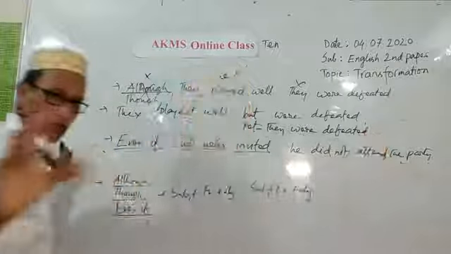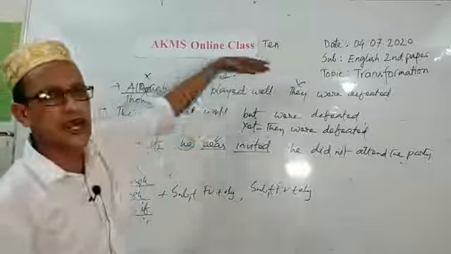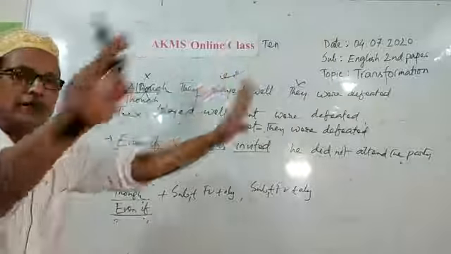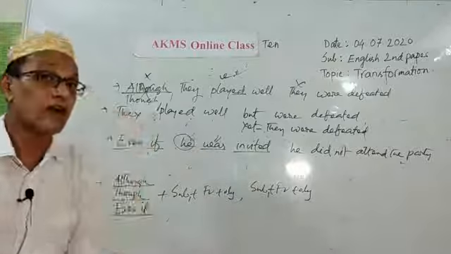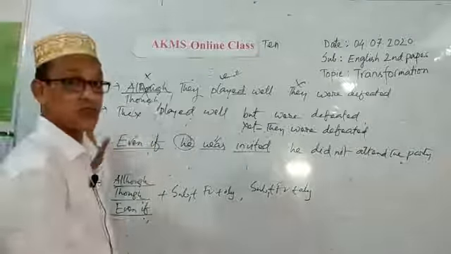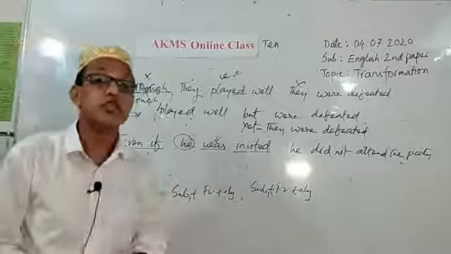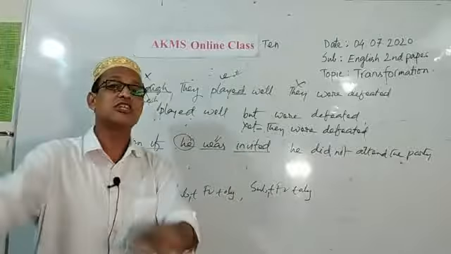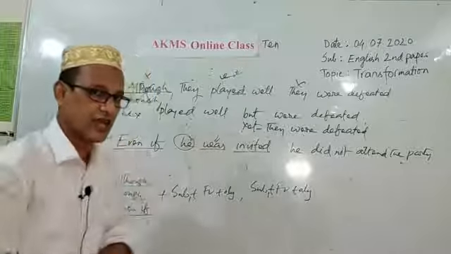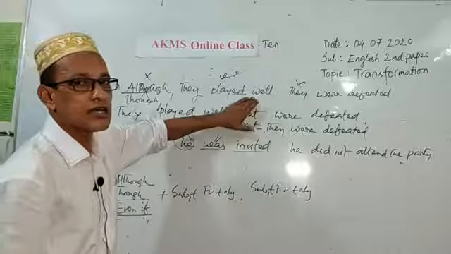Now, you can clearly understand that whenever the complex sentence is combined with the use of though, although, even if, then you should use but or yet at the time of transforming it into compound sentence. And but or yet are used at the middle of the sentence.